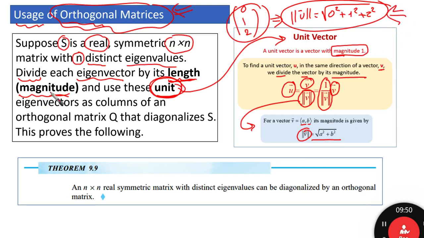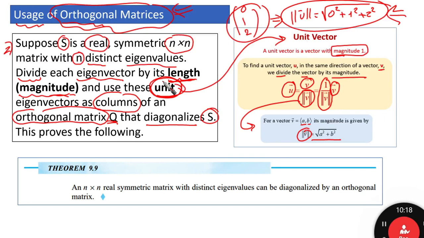So now we understand that the eigenvectors are going to be divided by their magnitude or length, and we use these unit eigenvectors as columns of an orthogonal matrix Q that diagonalizes S. So if we have this S and it has eigenvectors, we divide each eigenvector by its length and use these unit eigenvectors as columns of a new matrix called Q. This Q diagonalizes S. Theorem 9.9: an n by n real symmetric matrix with distinct eigenvalues can be diagonalized by an orthogonal matrix.